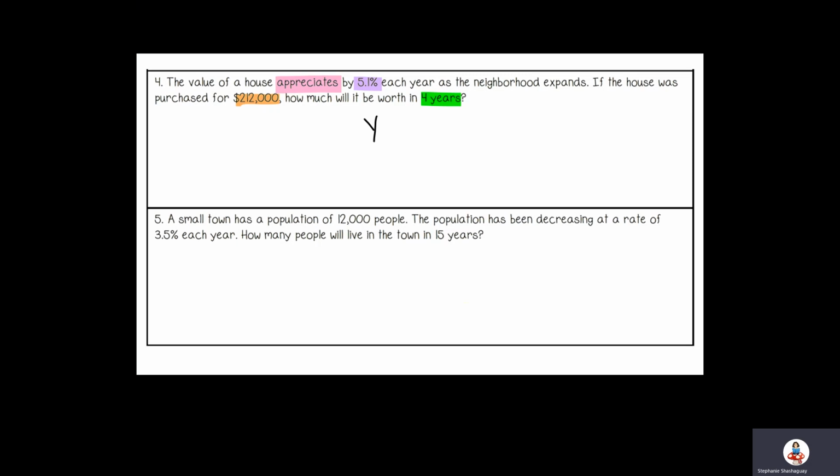So you're going to have y is equal to $212,000 multiplied by 1 plus, because you're appreciating, 0.051 to the 4th power. And when you plug that all in, you're going to get that equals $258,670.39.